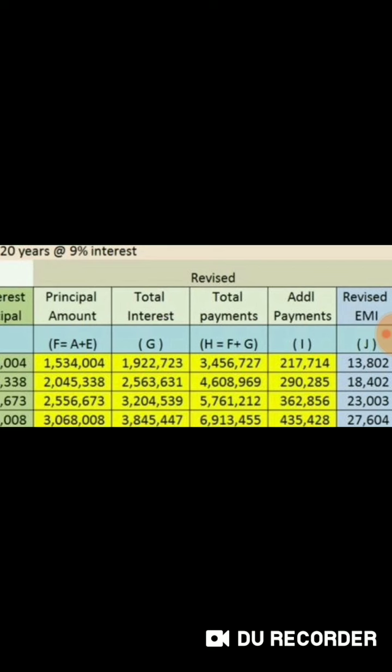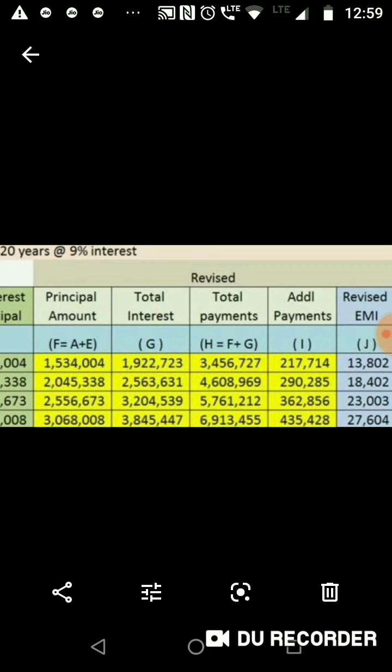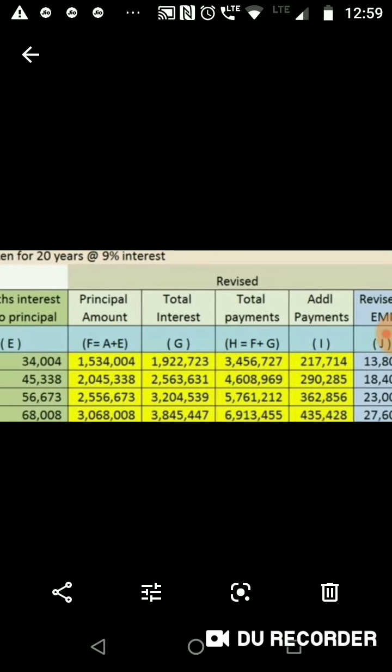And there are 2 options: you can change the EMI or keep the EMI the same. If you change the EMI, the period will be the same, but if you want to keep the EMI as before, then you have to pay for more months.